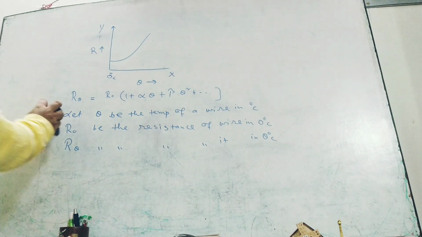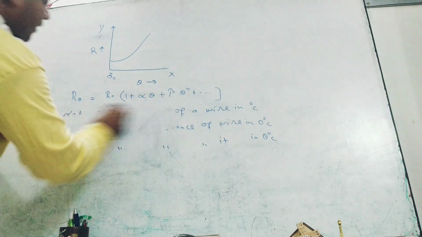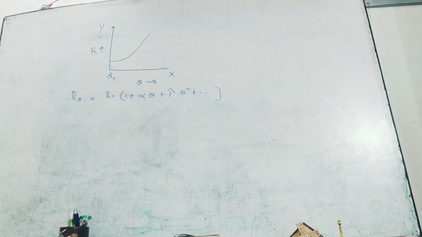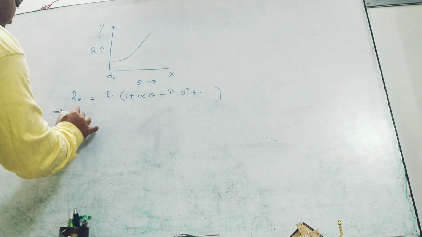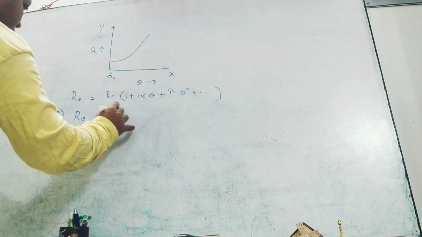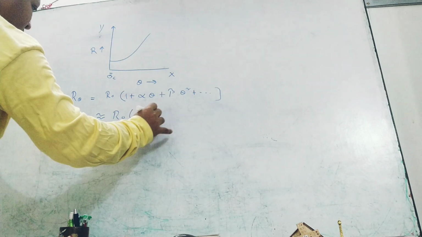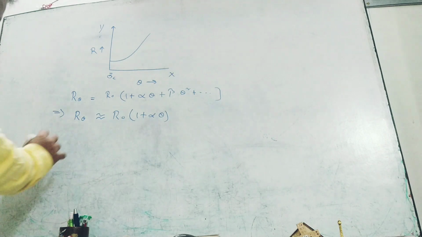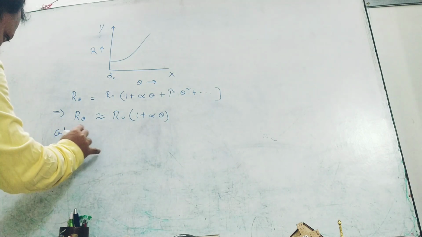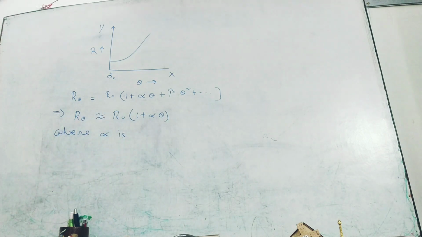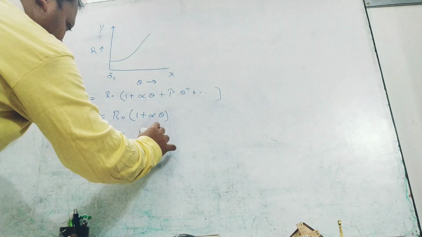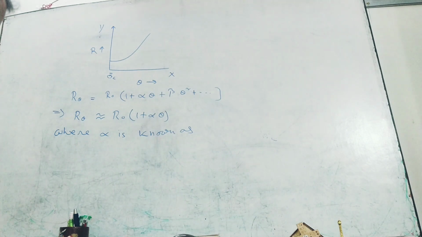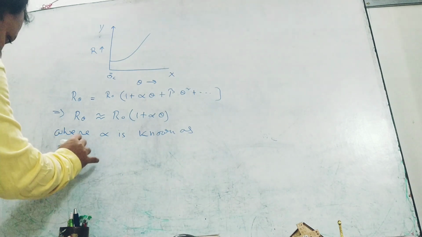In simplified form, we can neglect the higher order terms of theta. This gives R theta approximately equal to R0 into 1 plus alpha theta, where alpha is known as the temperature coefficient of resistance.